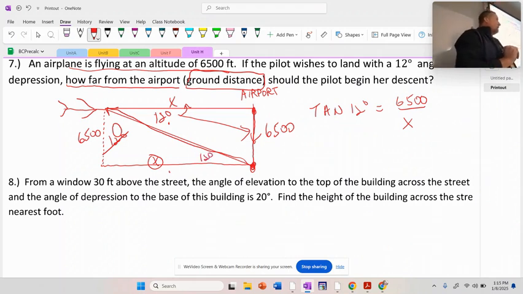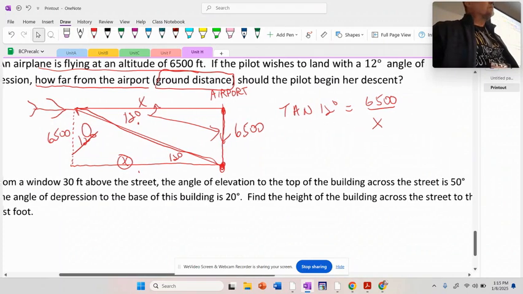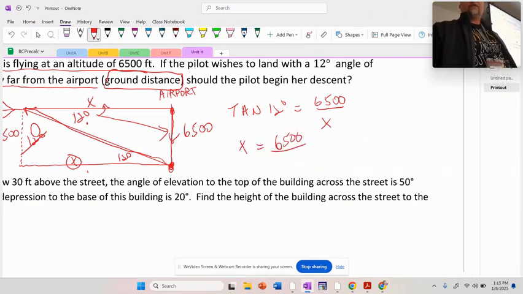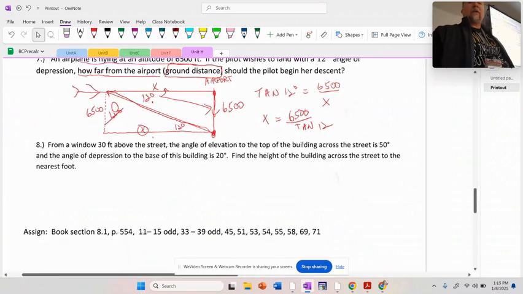Do you remember that? I told you guys last year, if you have an angle of depression question, turn it into an angle of elevation. Plane to the airport, make it airport to the plane. They're equal because they're alternate interior angles. All right? Did all that stuff with you. Switch these two and then press it on your calculator.